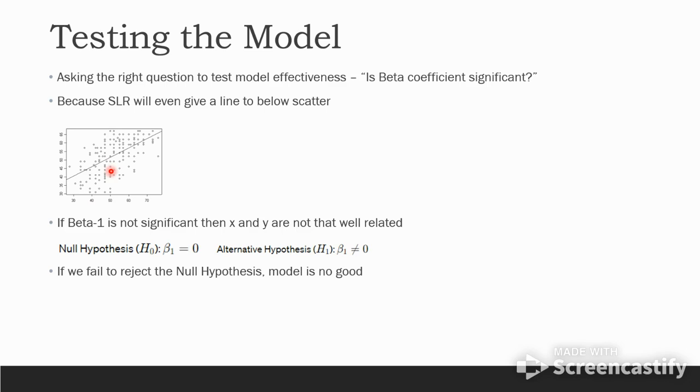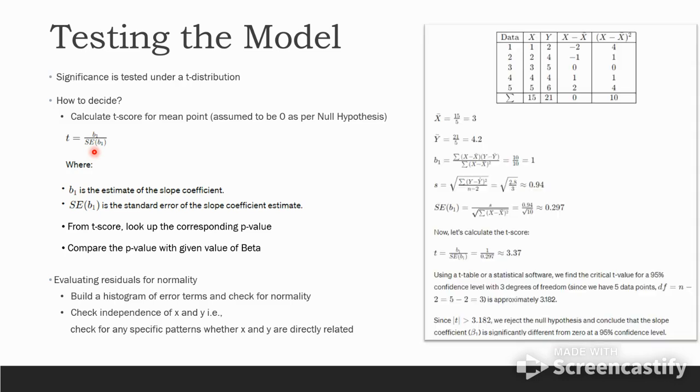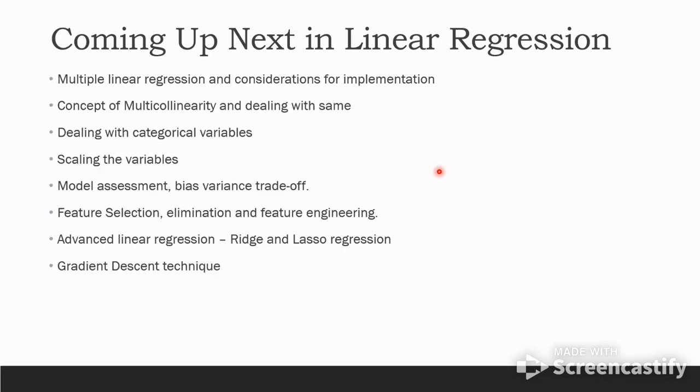In that case, the null hypothesis would have been true if the data for this graph was taken. But right now we have taken data from this, which has a clear linear relationship. We can see that y is increasing when x is increasing. Since there is a clear linear relationship, we are seeing that beta 1 or b1 is significant in this case and the model is good. We are good to go.